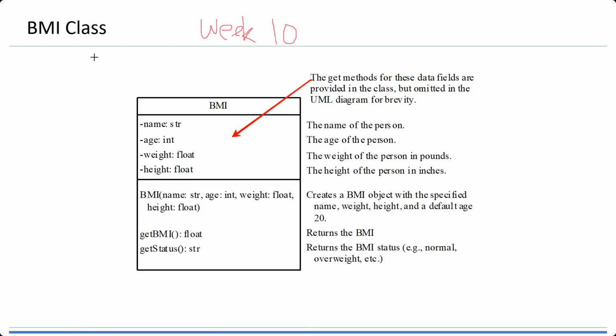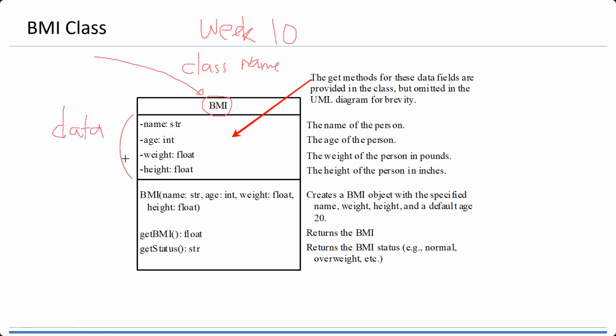As you know, the first line, PMI, this is the class name. And then the next section, this is the data.